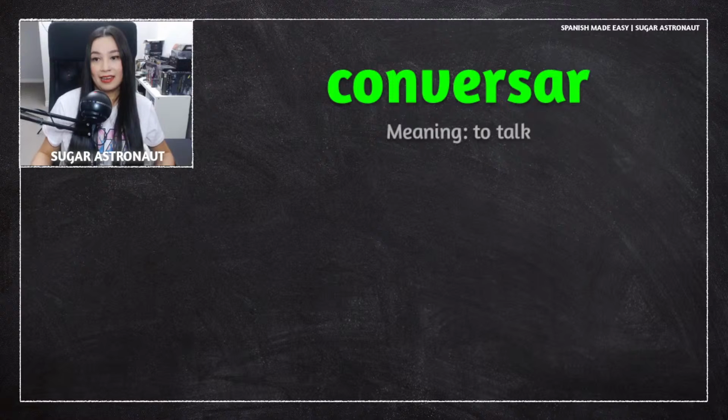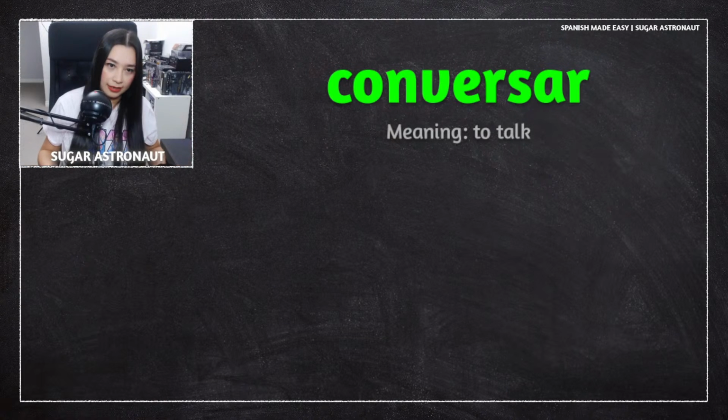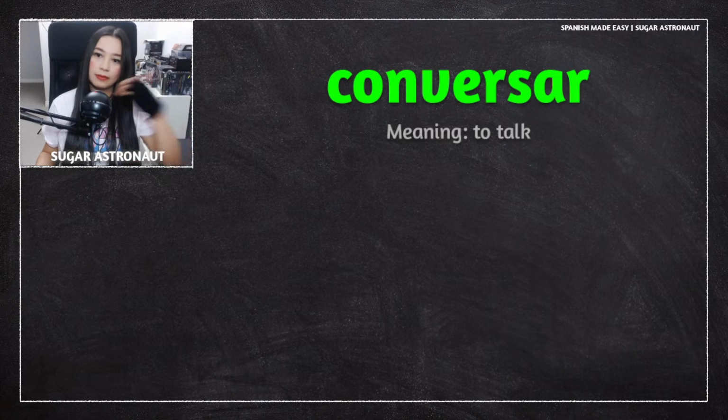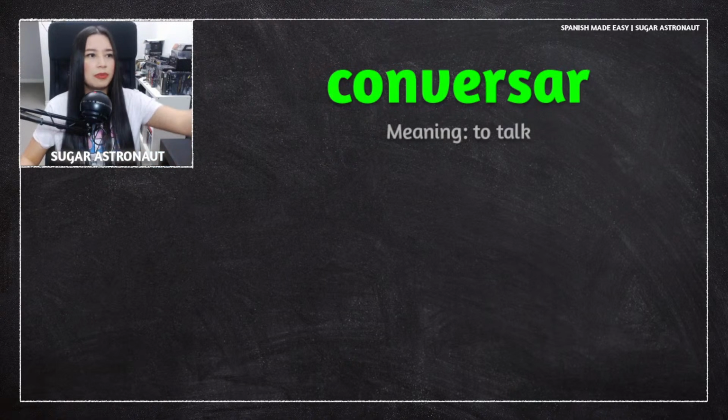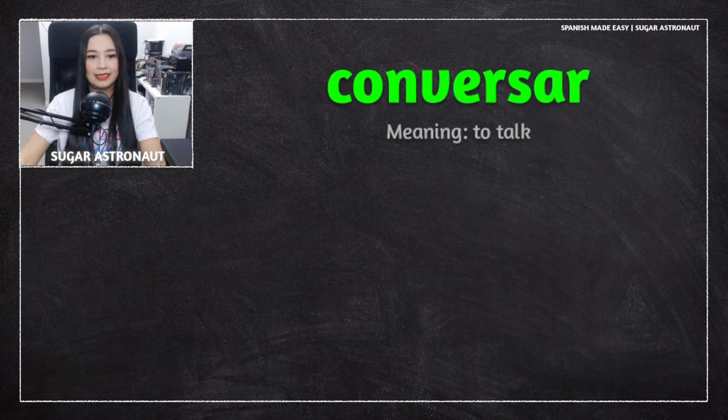I mean, you can, but when you want to know if someone speaks a language, then you should use the verb hablar. Conversar is more about talking. Let's have a talk. Let's talk about anything, the weather, politics, anything. So conversar is a very good verb for that if you want to talk, okay? Conversar. Now, let's look at some examples using this verb.